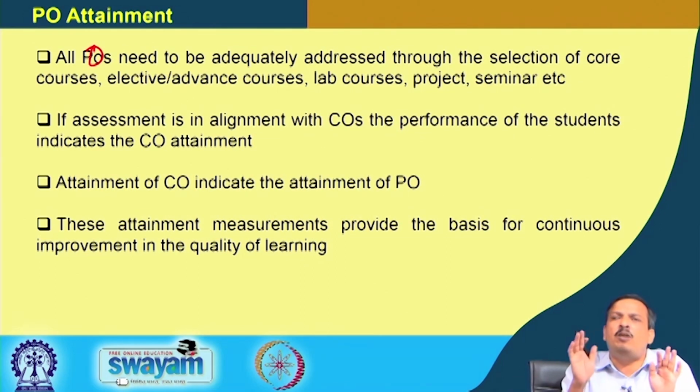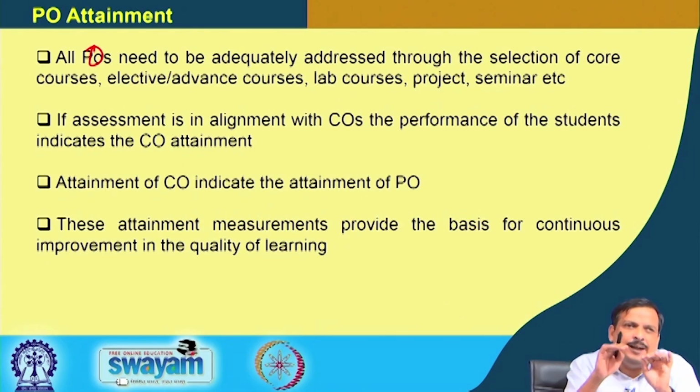Suppose you write a CO for simulation and you never tested it, then the attainment of that CO is 0. If you write a CO at the level of design and in the semester you give a question on explain or describe, then your test item is not aligned with the CO, so attainment is 0.